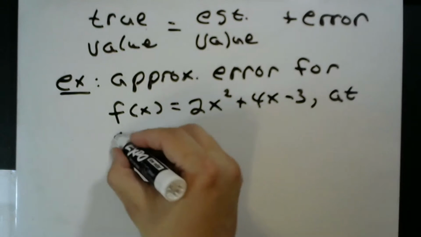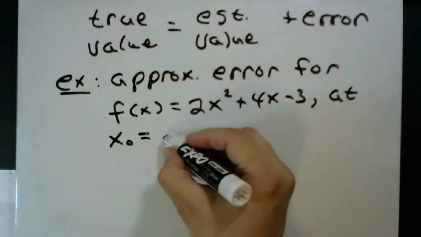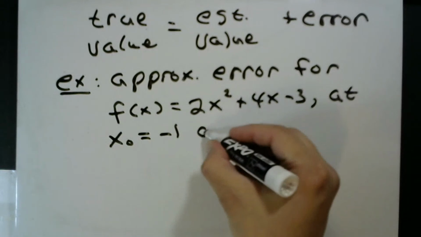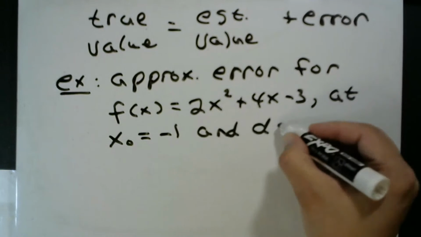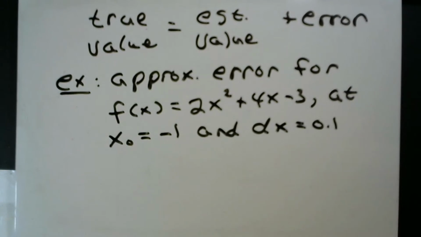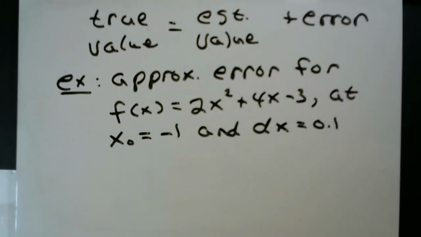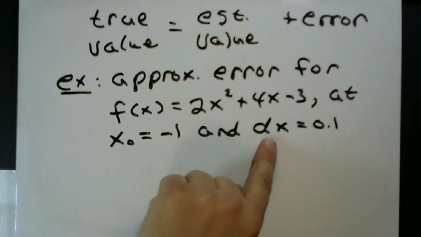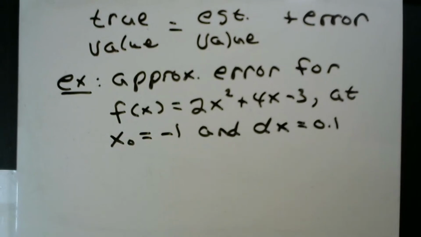This will be our a, x0 is going to be -1, and we have a dx, which is 0.1. Because again, when we're working with these differentials, the differential approximation df has a dx in it. So let's figure this out.